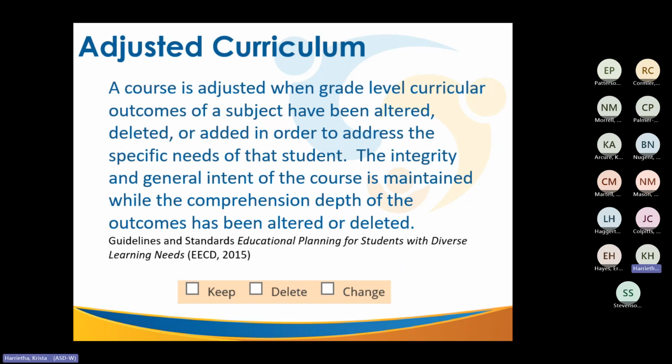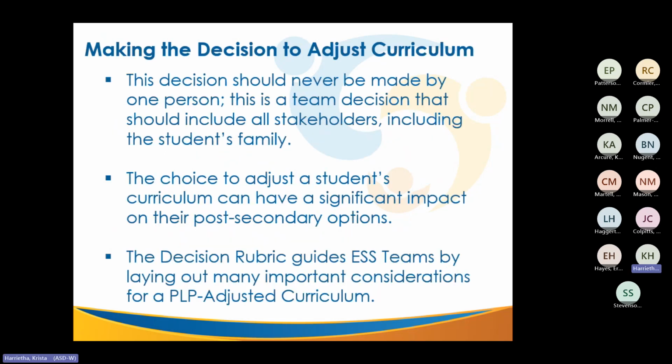It's important to remember that we are adjusting the specific provincial curriculum of a subject or course to meet the needs of a student. Students should not be considered as adjusted overall. Each subject or course should be looked at individually. So just because a student is adjusted in one course doesn't mean they're automatically adjusted in another. So making that decision to adjust curriculum.